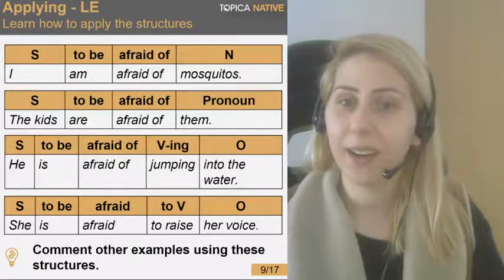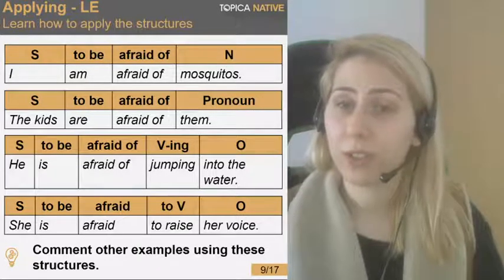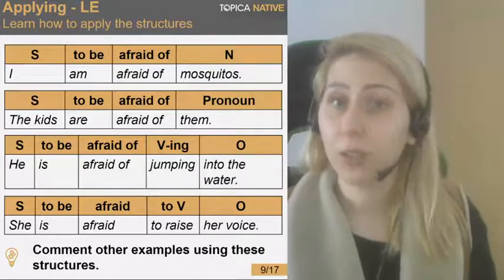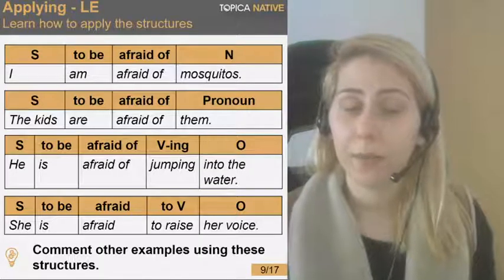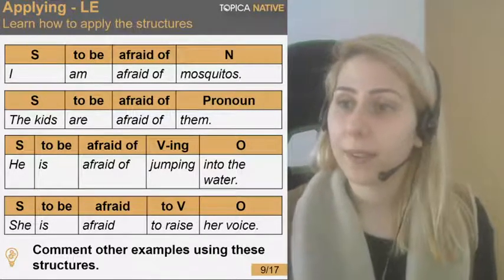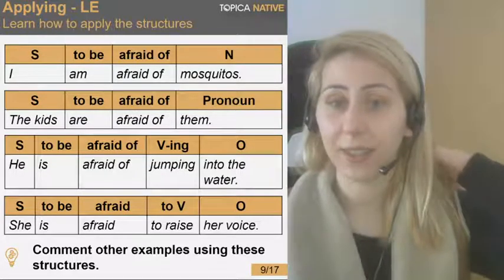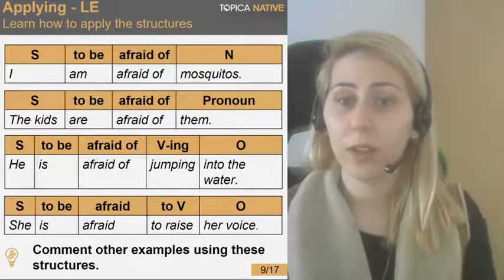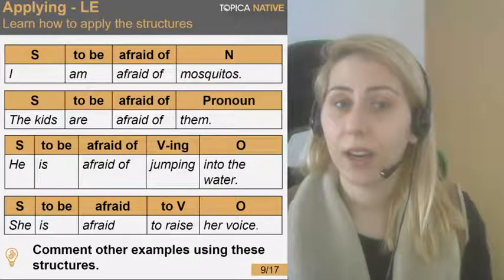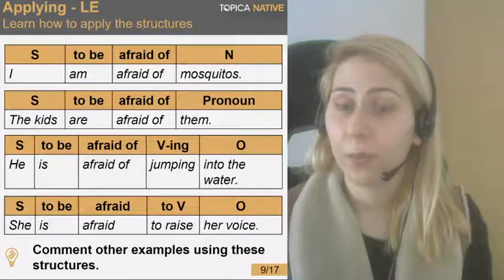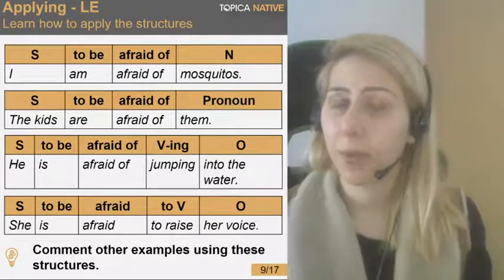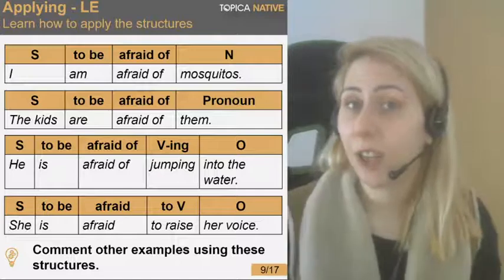How about dangerous situations, scared or afraid? Dangerous situations? Yes, that's a good question. Depending on what kind of situation we're talking about. If a dangerous situation is something that's happening right now, you would use scared. For example, she got scared of an earthquake. It happened right now, so she got scared of it.